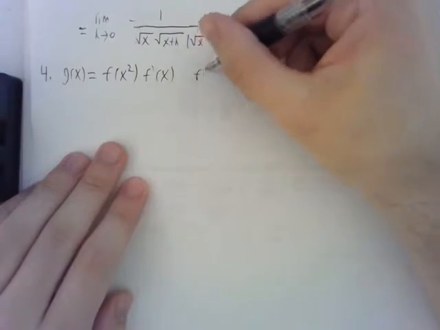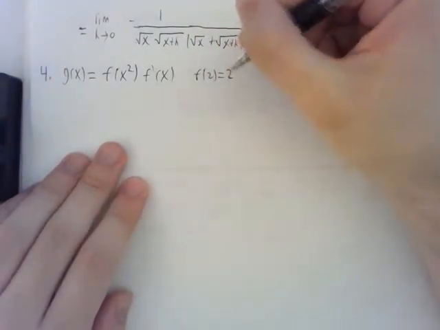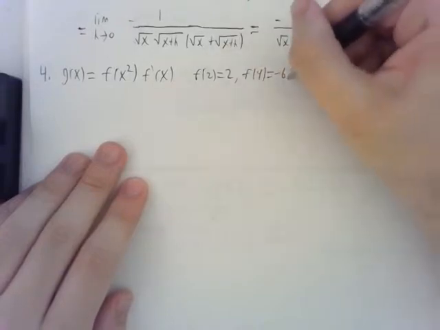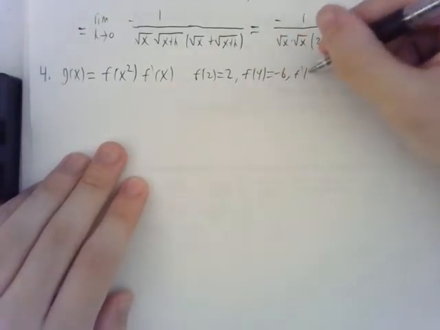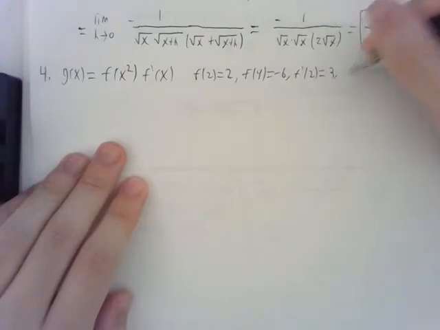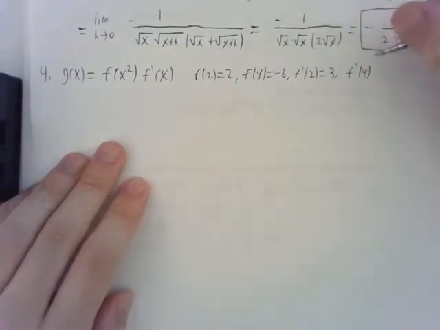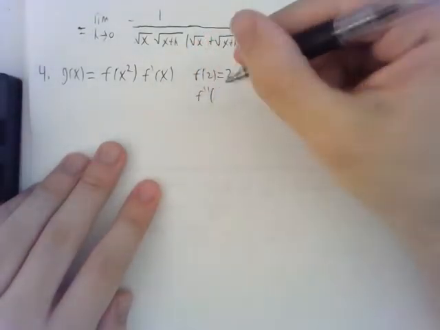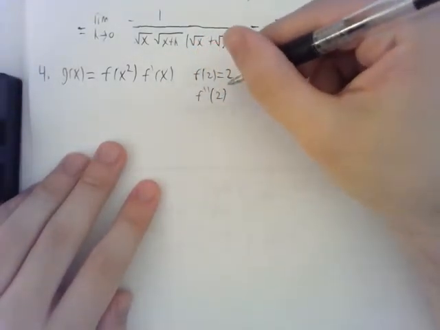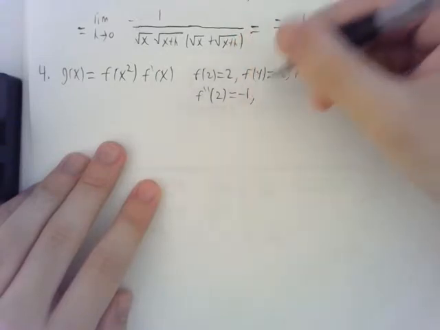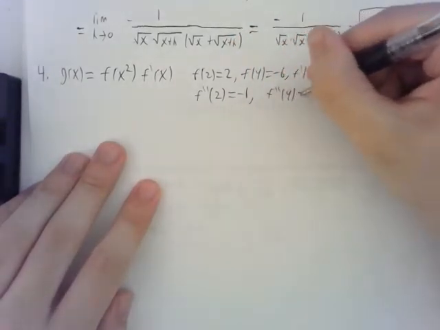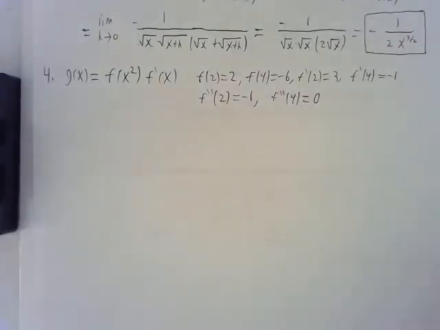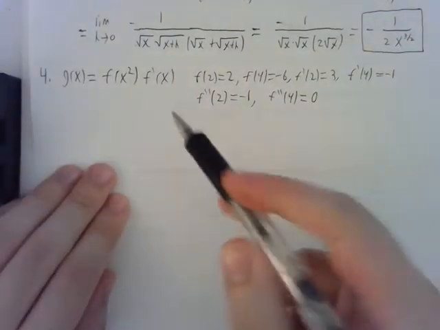So we're told that f of 2 is equal to 2, f of 4 is negative 6, f prime of 2 is equal to 3, f prime of 4 is equal to negative 1, f double prime of 2 is also equal to negative 1, and f double prime of 4 is equal to 0. And we're asked to find g prime of 2.